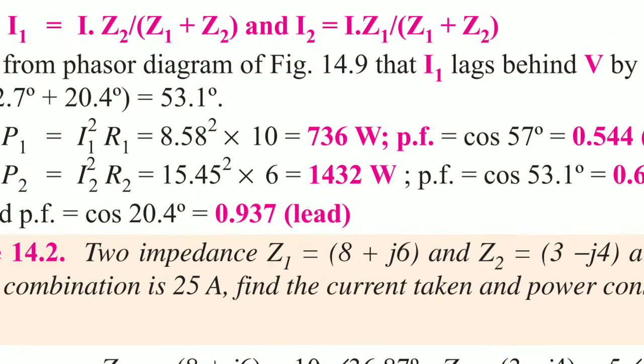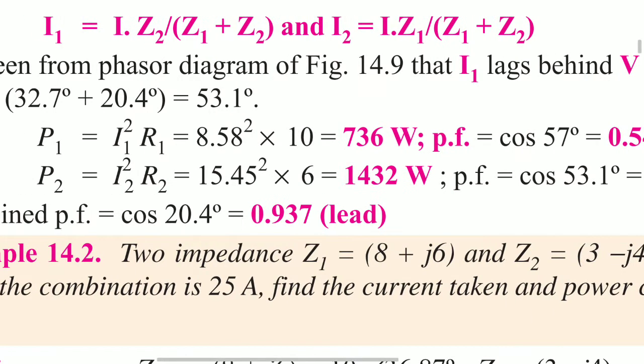I2 squared R2. So P2 is equal to I2 squared R2, so 15.45 whole squared into 6, which gives 1432 watts.